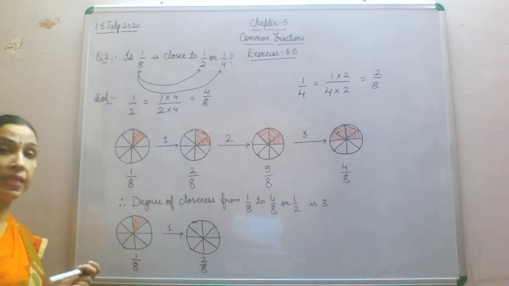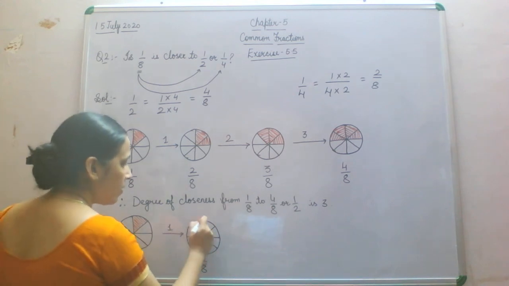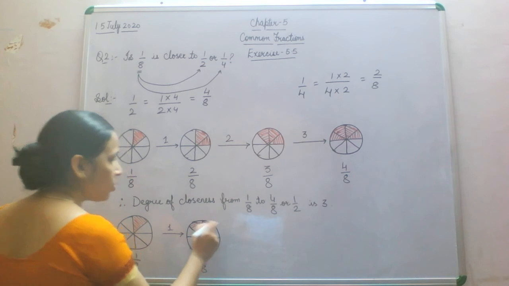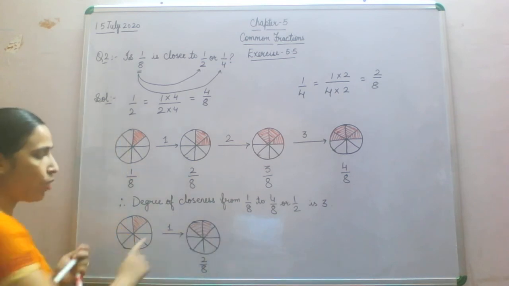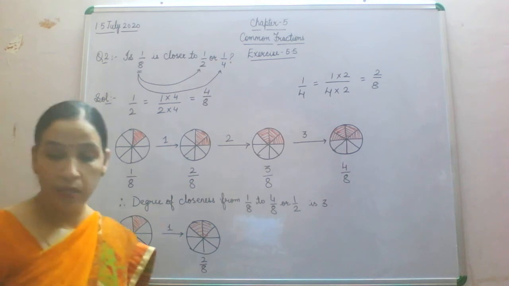And what will be the degree of closeness? Let's write it. Here in this case, the degree of closeness will be 1, because we have added only once.